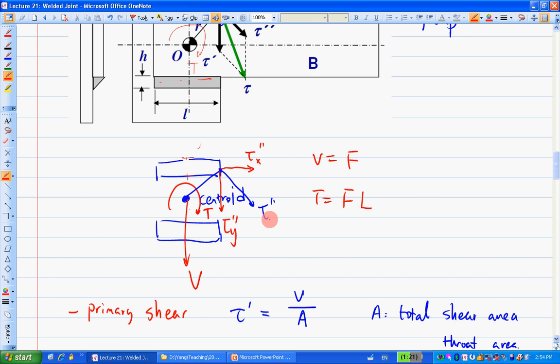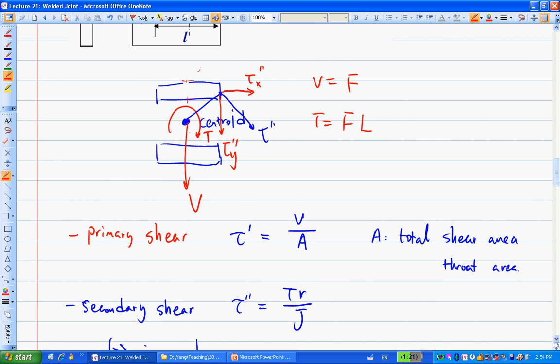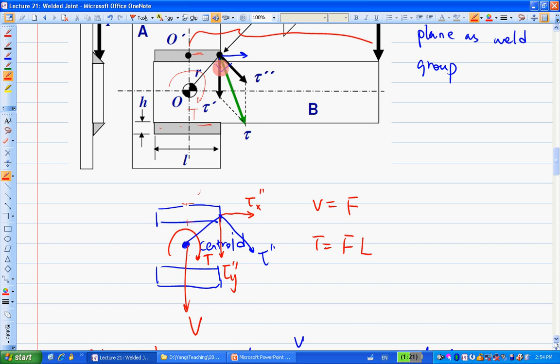Instead of calculating tau double prime as Tr over J, maybe I can just calculate tau x double prime and tau y double prime. And then you see the tau y double prime is in the same direction as the tau prime here.